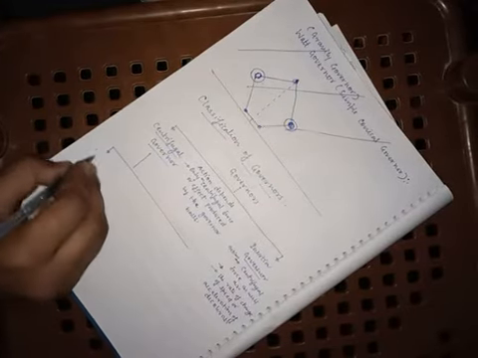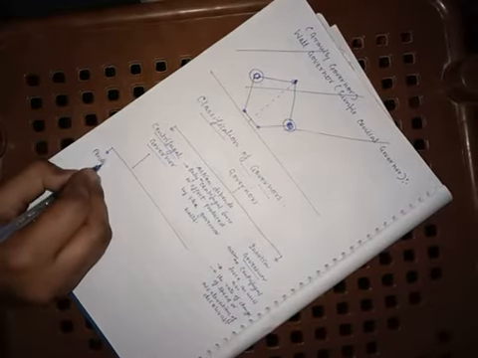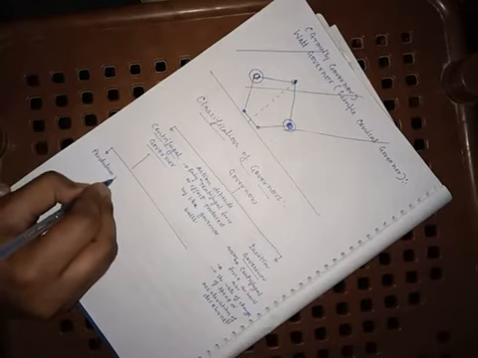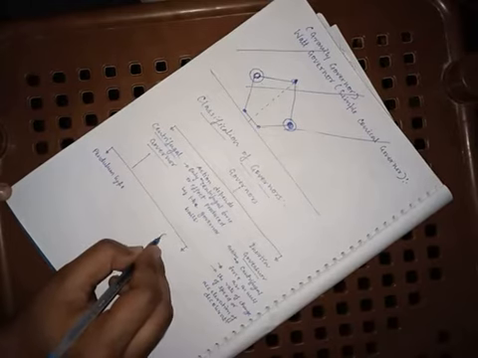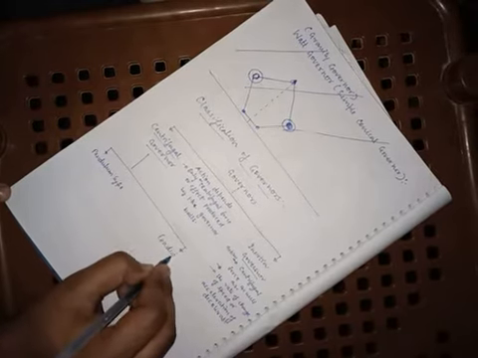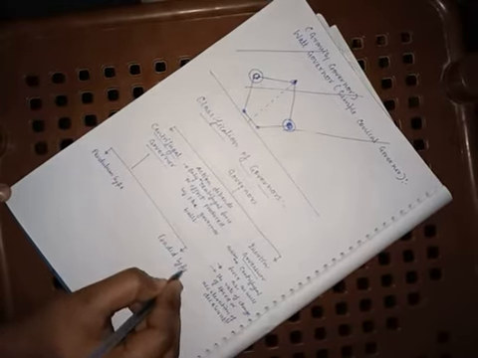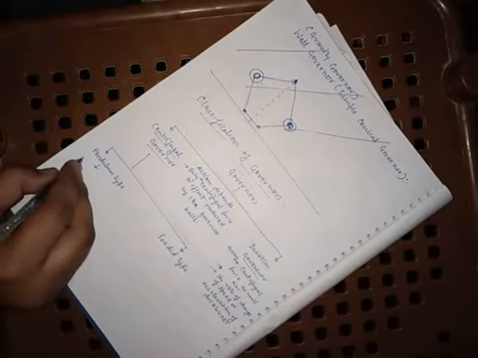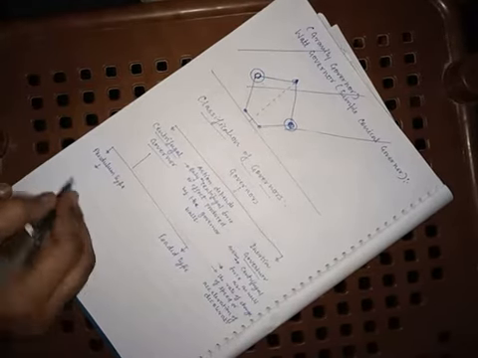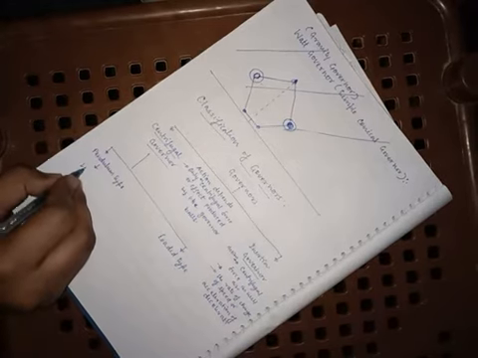Pendulum type governor is a simple type of governor or gravity governor. It comes under the Watt governor. So the Watt governor is the simple pendulum type centrifugal governor.